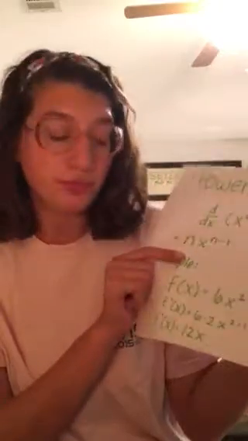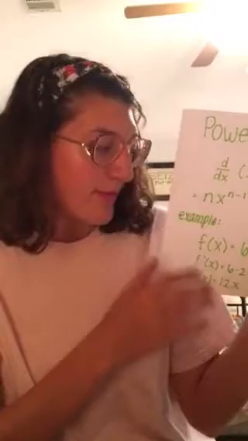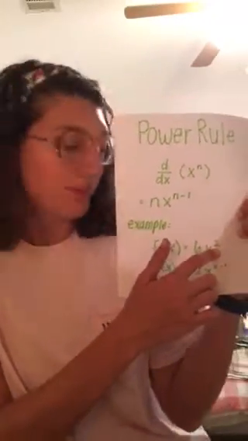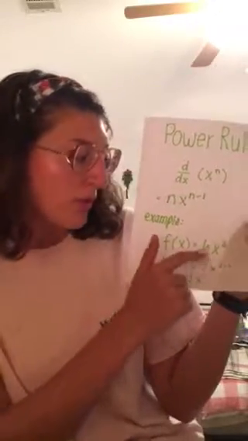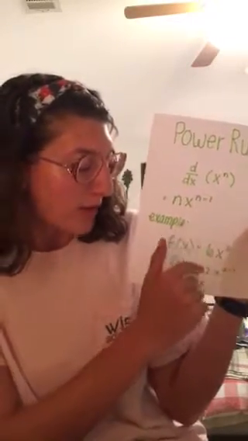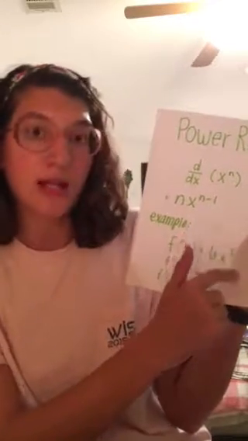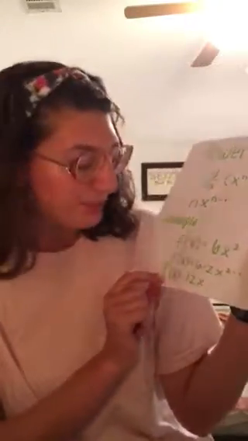An example of this in action is the function f of x is equal to 6x raised to the second power. If we're deriving this, we would multiply the 6 by the power, which is 2, times x raised to the power 2 minus 1. So this results in 12x.